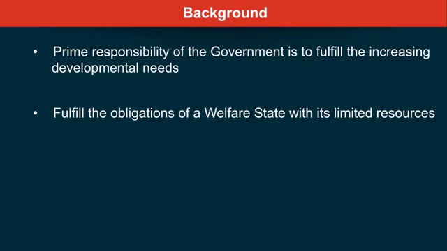Now, for any welfare state, the main objective is they have limited resources which has to be utilized optimally. Now, once you utilize the resources optimally, definitely the government can implement the developmental requirements in a much advanced and much better manner.